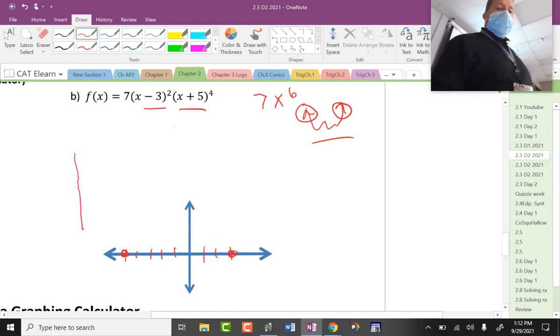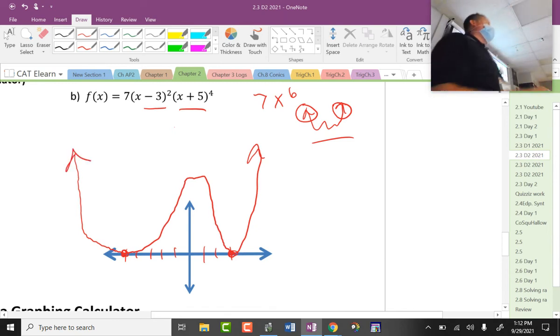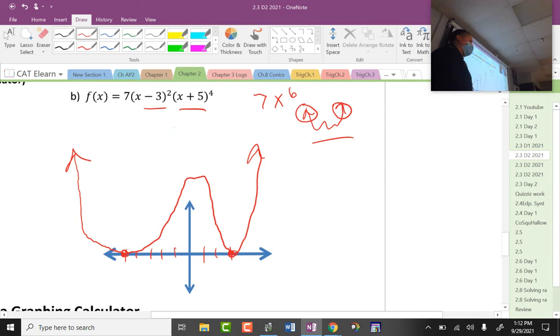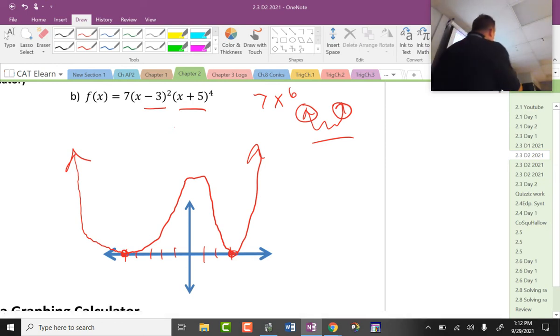You don't have to show this, but a 4th power bouncer is a little bit flatter than an x squared bouncer. That is truthful, but I don't really care. You just got to show the bouncing. Got it? And then that fits how the end behavior should go.